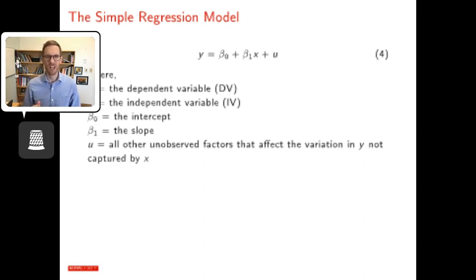So it's just kind of like everything else I didn't include in the model. So if we were to think about the example we just had, it would be that college GPA is predicted by an intercept plus high school GPA and a line that defines that relationship, plus everything else that affects how you do in college, right? All the other things that affect your college GPA, and that's represented by U, or sort of the error term.